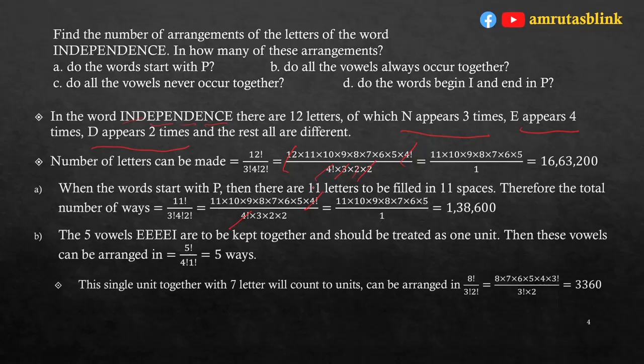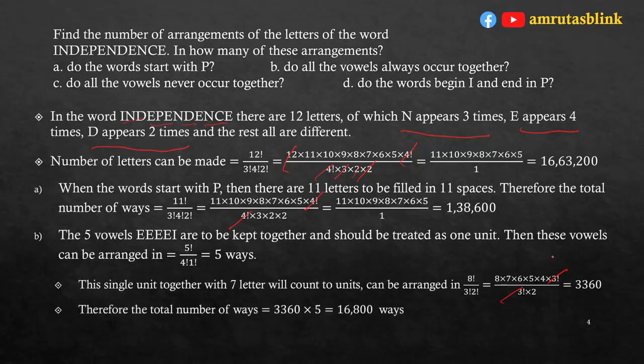So the total such arrangements are 8 factorial upon 3 factorial into 2 factorial. Now we will solve this. 8 into 7 into 6 into 5 into 4 into 3 factorial upon 3 factorial into 2. So again this 3 factorial will get cancelled. So we have 8 into 7 into 6 into 5 into 4 divided by 2, that is 3360.